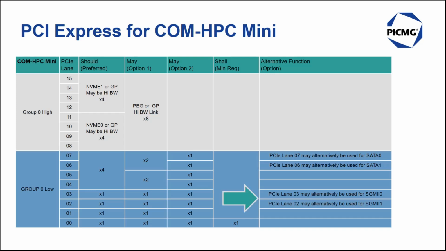For PCI Express lanes 3 and 2, the modules can optionally each provide a high-speed signal pair for SGMII. These functions are often provided by the chipset as an alternative function on PCI Express signal pins, so that they can be made available by the module manufacturer without additional hardware effort.